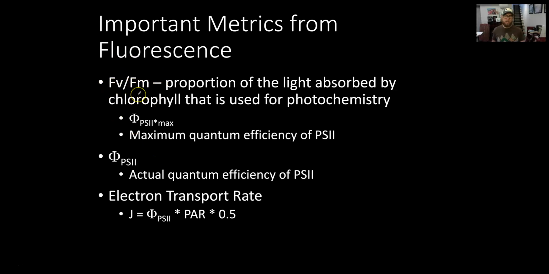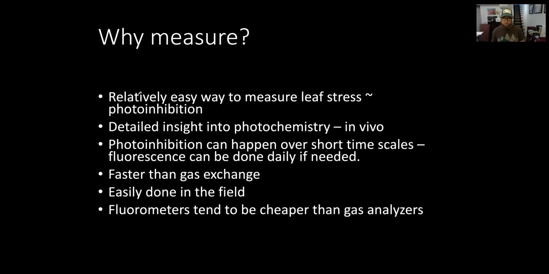Remember, FV/FM is like the maximum capacity for converting light to photochemistry. And so if that goes down in response to drought, you know that the photosystems and all of that machinery are starting to break down and they're not operating at their optimal rate. And so that gives you a metric of how stressed a plant might be.